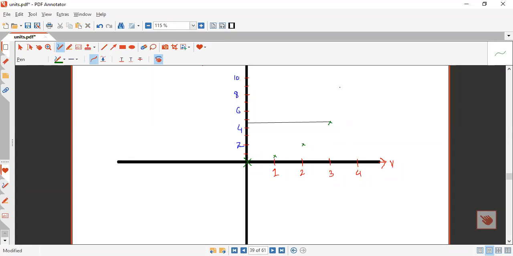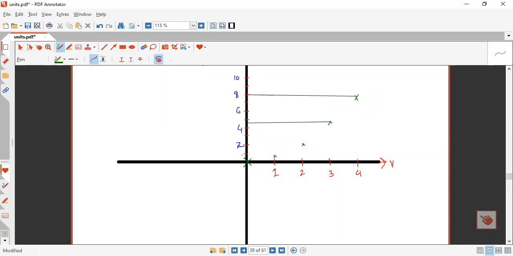And when the velocity was 4, the kinetic energy was 8. So from here, the point is like here. Okay, students, so tell me, if I join all these points, am I getting a straight line?